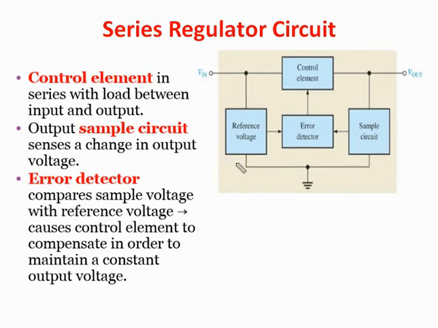And one reference voltage is set at the desired value. So the error detector compares the reference value and the actual output voltage, and whatever signal is generated is given to the control element. So according to this error, the control element takes the decision and switches the line voltage and maintains the constant output voltage.